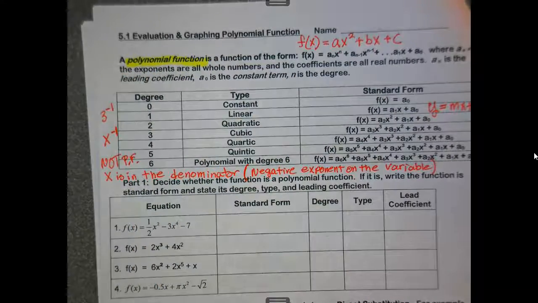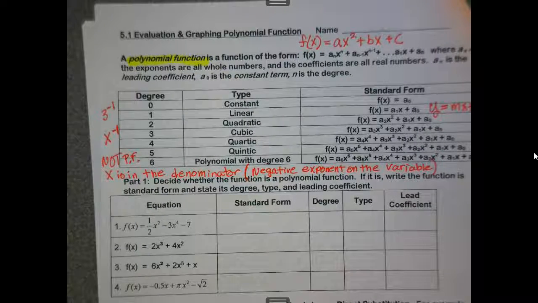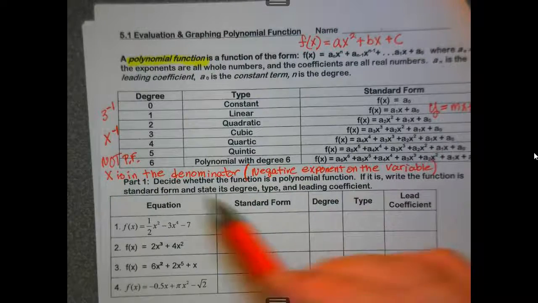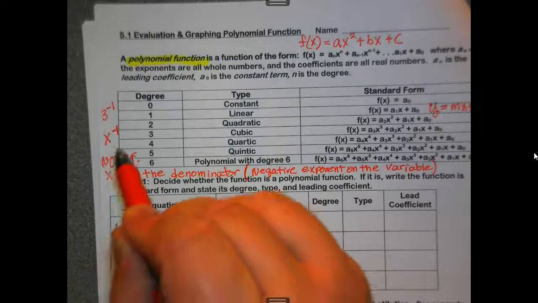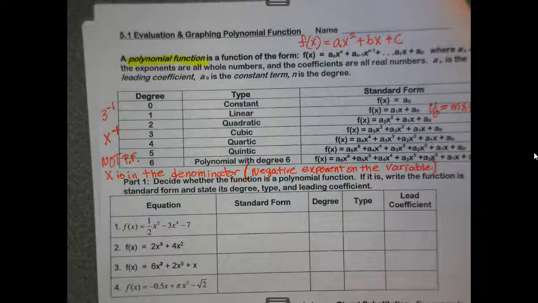It's 1/3. The only time it's not a polynomial function is when I have a negative exponent on a variable. It's okay to have a negative exponent on a number, but not a variable.